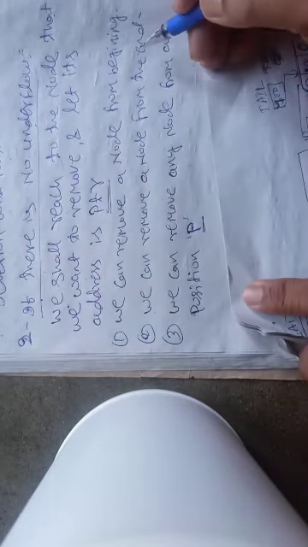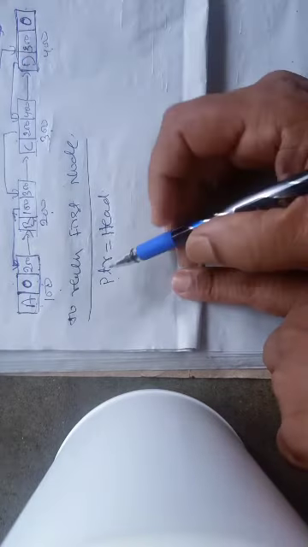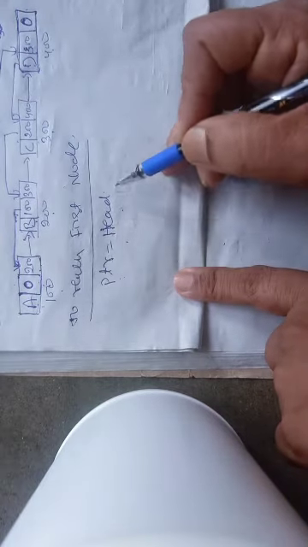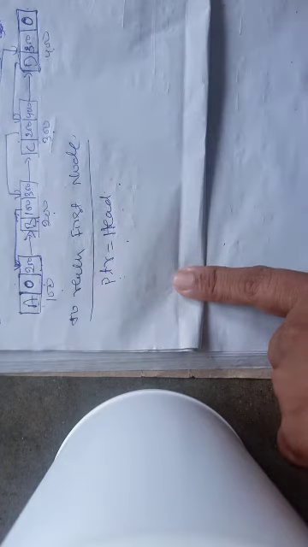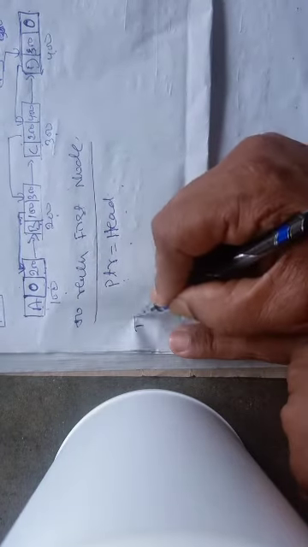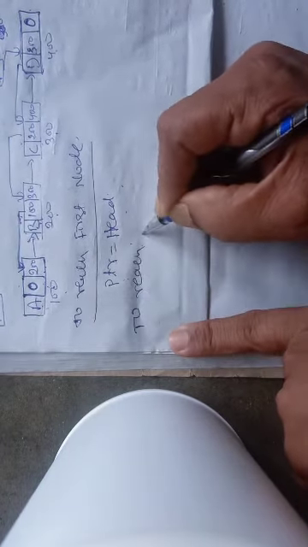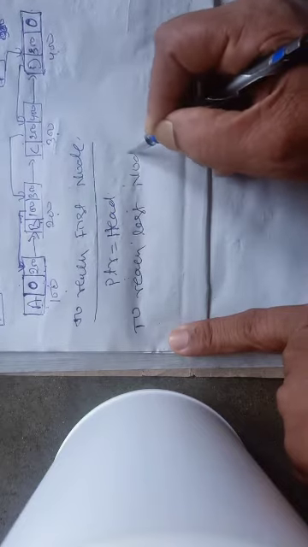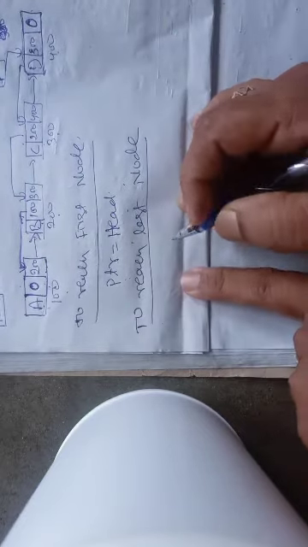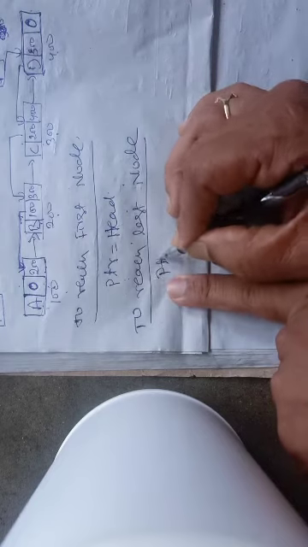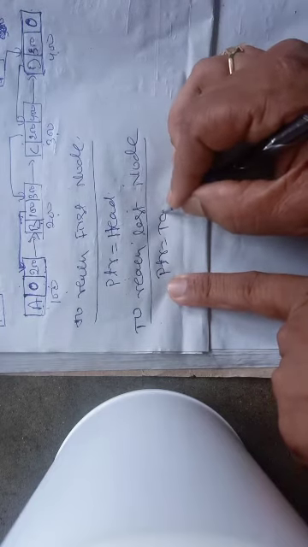So there are 3 cases. We can remove the node from the beginning, or we can remove the node from the end. If we are trying to remove the node from the first, we will say ptr equal to head, so that we can reach the first node. Or to reach the last node, we can set ptr equal to tail.